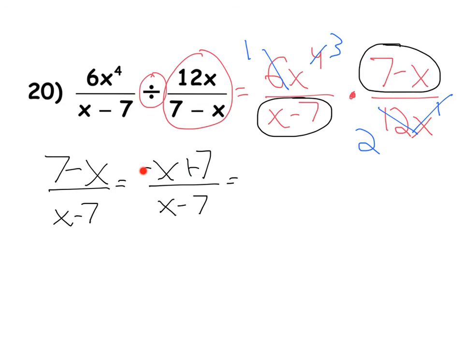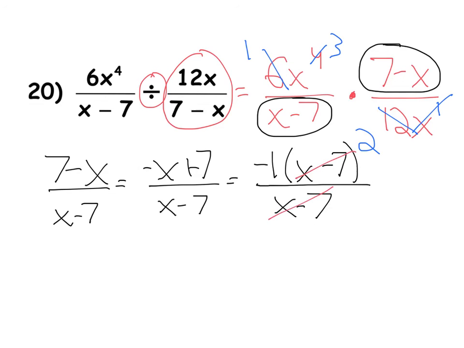And so, to make up for that, I'm going to factor out a negative 1. If I divide both of those terms by negative 1, negative x divided by negative 1 is positive x. 7 divided by negative 1 is negative 7. And so I get negative 1 times x minus 7 over x minus 7. And what do you know?